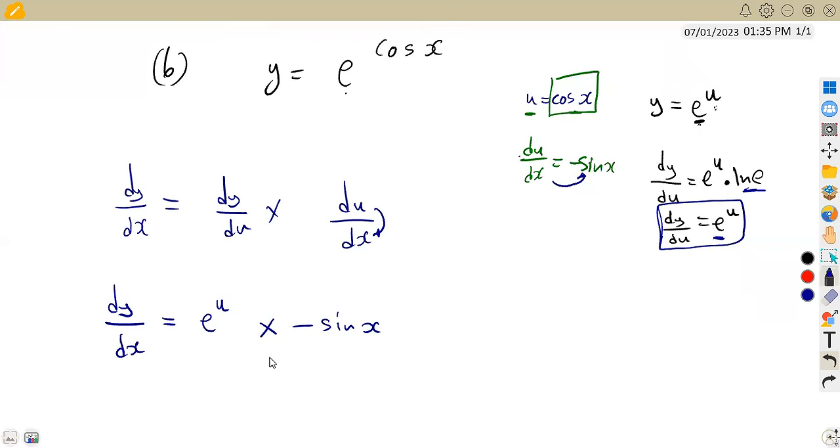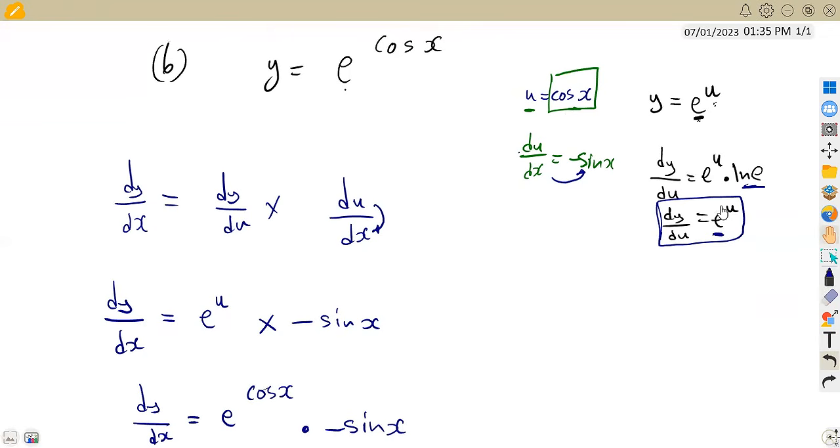So all you need now is to substitute so that we remain with x in our final answer. So the derivative of y with respect to x is going to be e to the exponent of our u. We said u is cos x. So that will be e to the exponent of cos x times negative sine x.